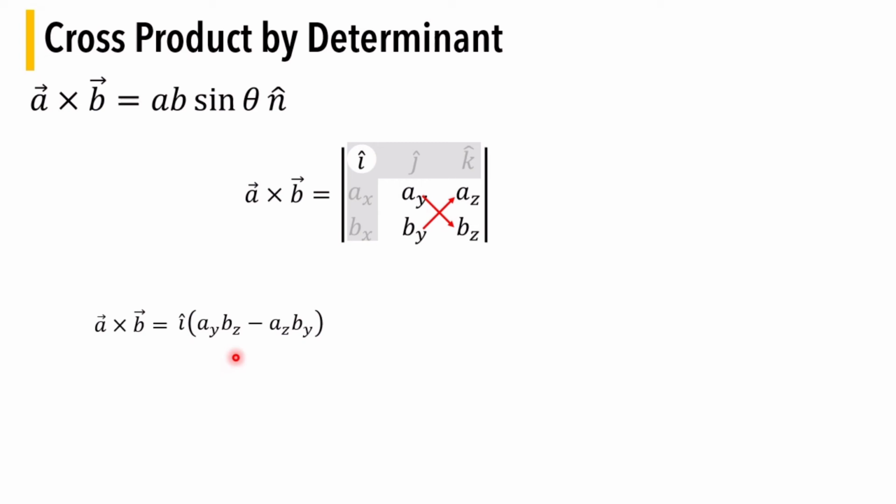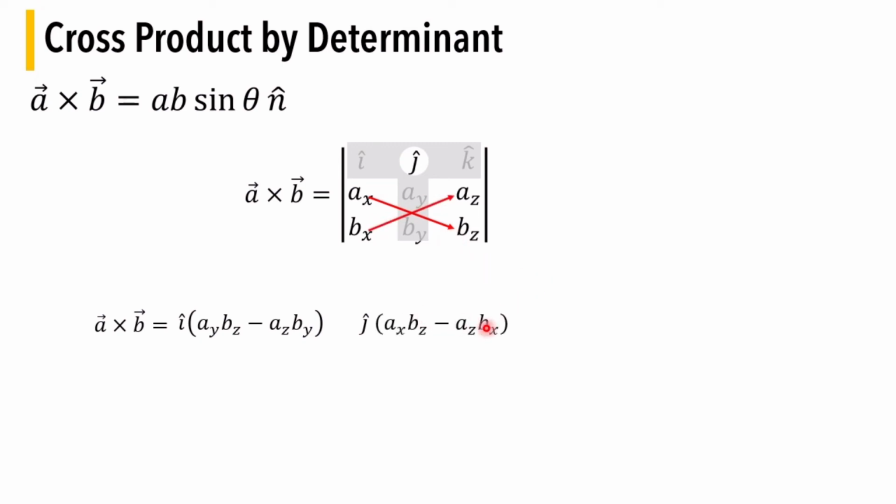Now next we move to the second element of the first row. This j is in the second column, so we block off the top row and the second column. We are left with these terms. Now we write j first and then we multiply diagonally like this: ax times bz minus bx times az.